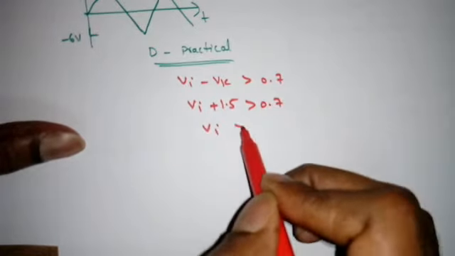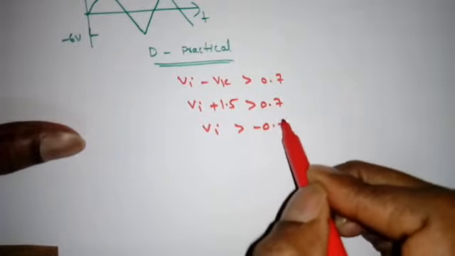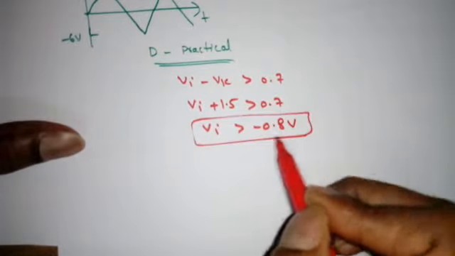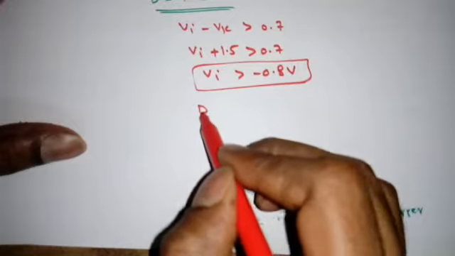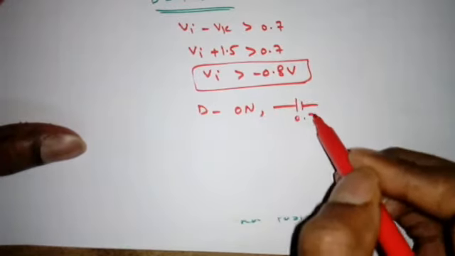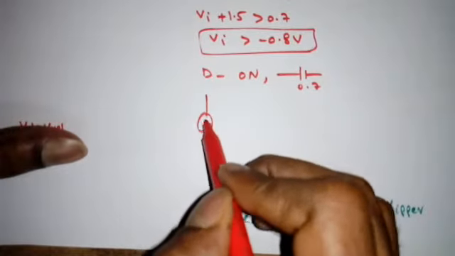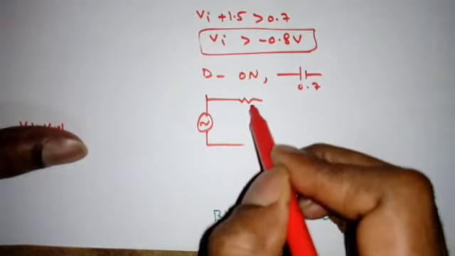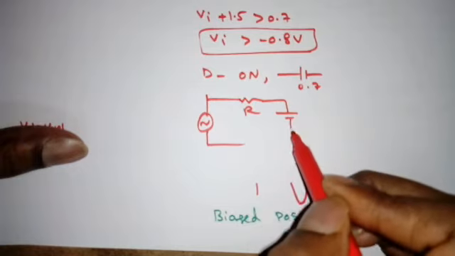That means Vi is greater than minus 0.8 volt. When it is like this, the diode D will be on, so replaced by a 0.7 drop. So thus it will be like this, there is a drop.